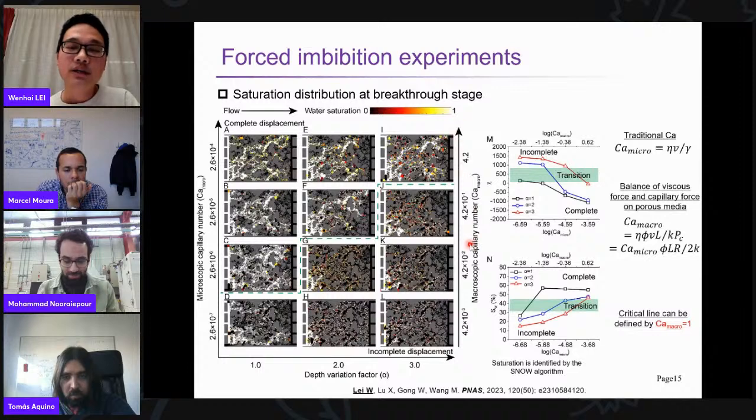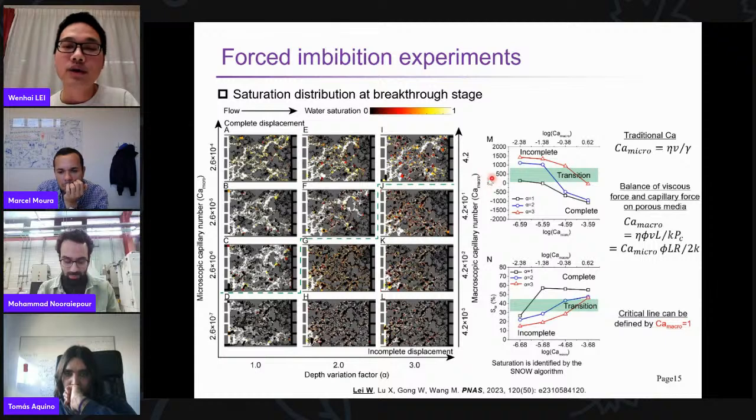And here we introduce a new concept of the macroscopic capillary number, which is defined by the balance of viscous force and capillary force. So we can get that the critical capillary number equals 1. When we choose a weak geometric criteria microfluidic porous media, for example, alpha equals 3, we found that the critical macroscopic capillary number equal to 1 can be used to separate the complete displacement and the incomplete displacement.